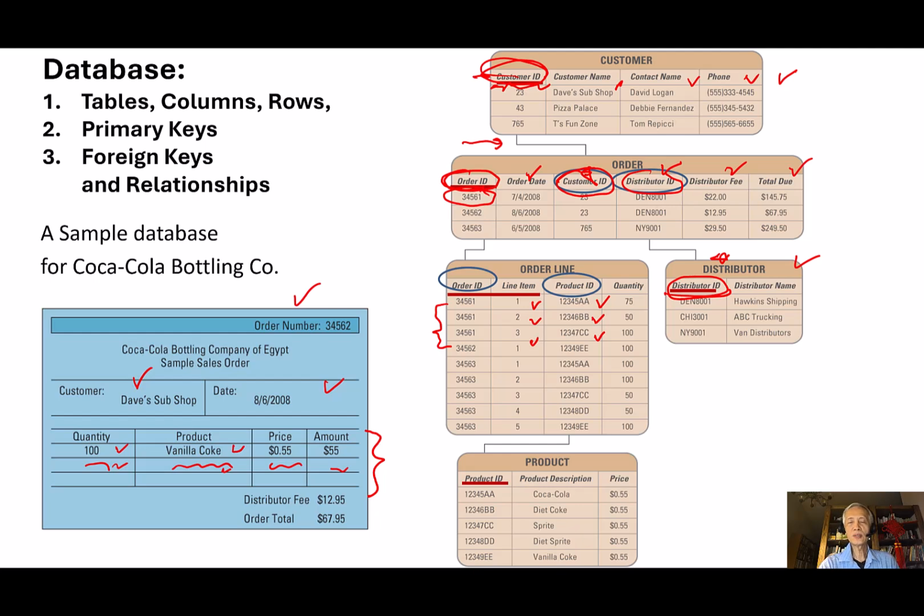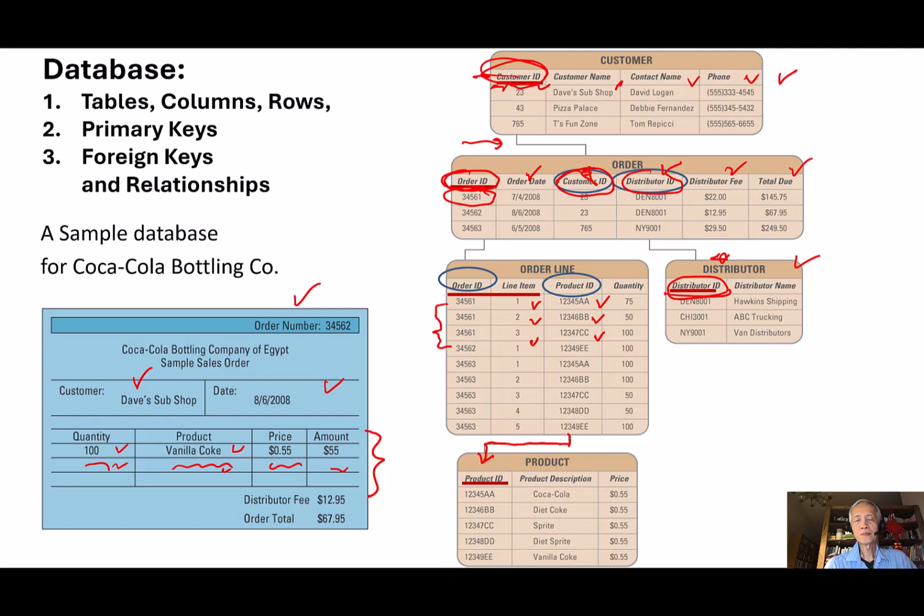We don't really need to know the product description, product name, or price, because we use this information, which is a foreign key, to go to the product table. We use the product ID in the order line, which is a foreign key, to go to the product table to retrieve relevant information about the product.